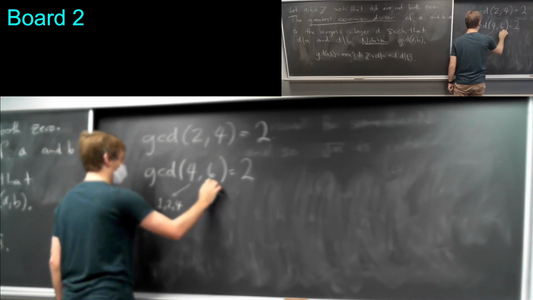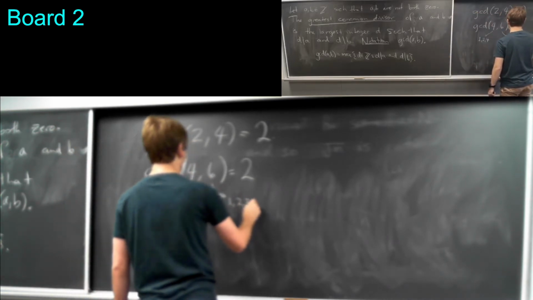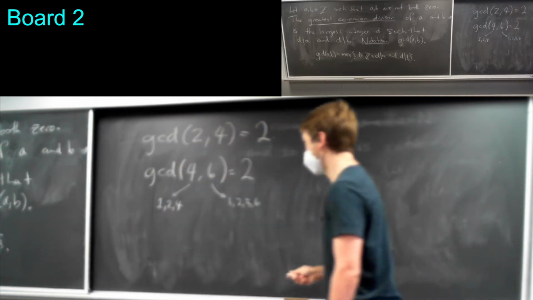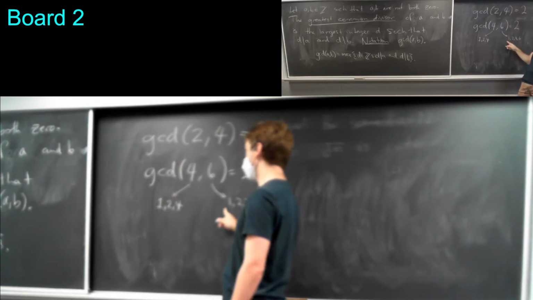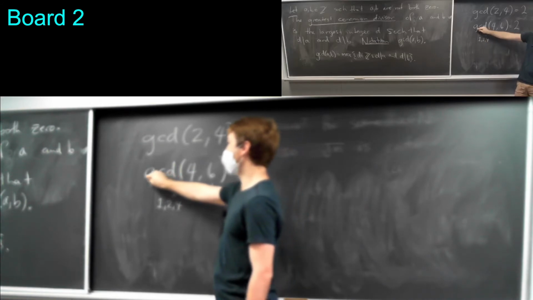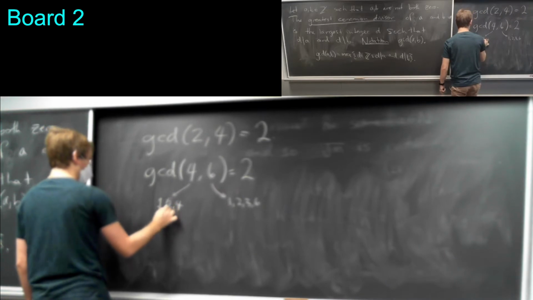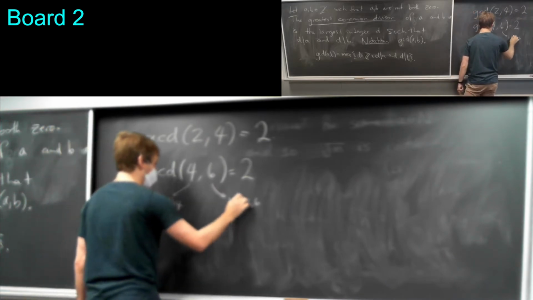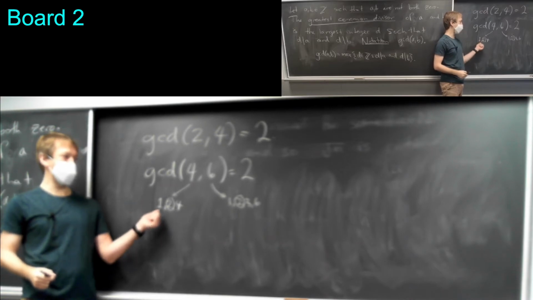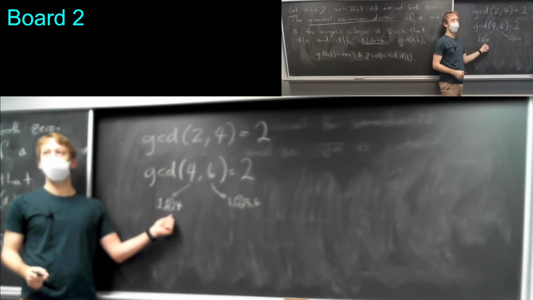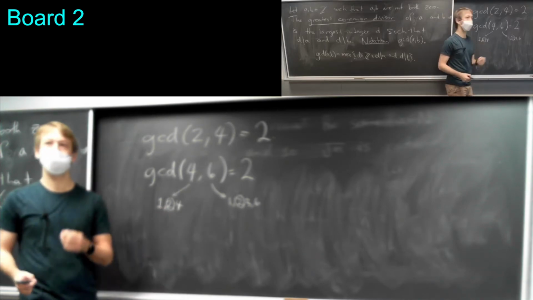The things that go evenly into 6 are 1, 2, 3, and 6. We're taking the greatest common divisor, so you're taking the biggest number which is a divisor of both of them. That's 2. Your only options here are the number 1 or the number 2, and 2 is bigger than 1, so you take the biggest one.